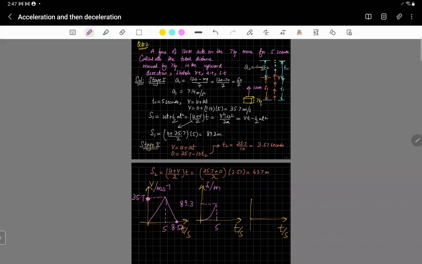It will become 153.7. So it's 8.57 seconds. And in the case of acceleration, it's 7.14, and then it's minus 10 for 3.57 seconds.